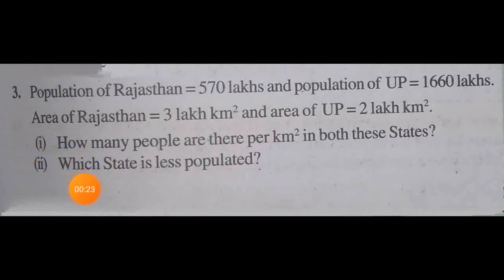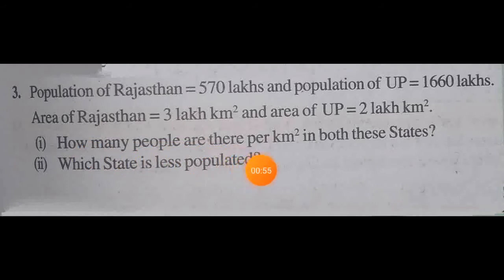And the second part, which state is less populated. In the solution, we write given: population of Rajasthan 570 lakhs, area of Rajasthan 3 lakh square kilometer, population of UP 1660 lakhs, and area of UP 2 lakh square kilometer.